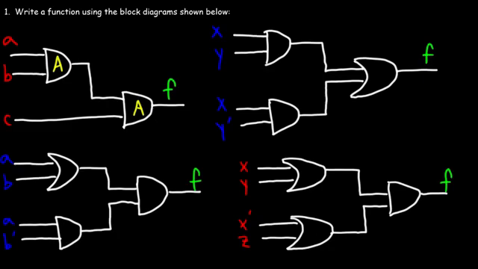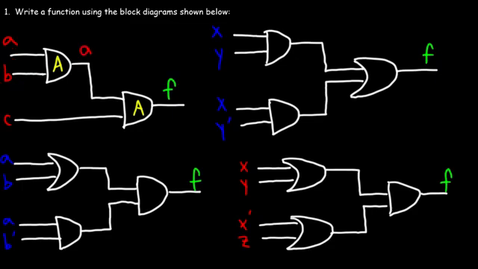Notice that the inputs of the first AND gate are A and B. When dealing with an AND gate, you need to associate it with multiplication, and when dealing with an OR gate, associate it with addition. So the AND gate is going to take the two inputs and multiply them together.